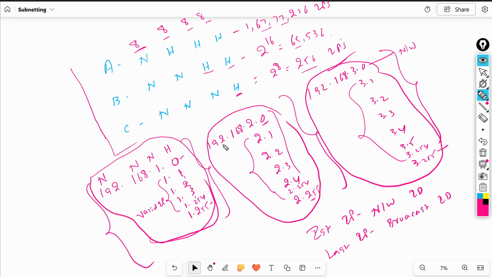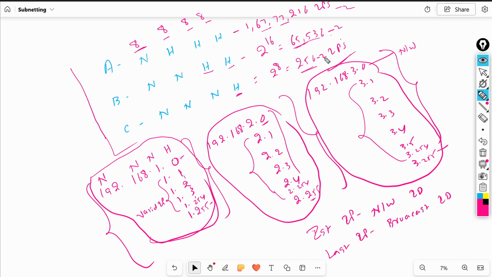So in every network we have two reserved IPs. One is a network ID, one is a broadcast ID. We cannot use these two IPs. So a class C network provides 254 IPs only. So minus 2. Here also minus 2. Here also minus 2. So in class A, in every network, we will get 1,67,77,214 IPs. In class B, we will get 65,534 only in each network. In class C, we will get 254 IPs only.